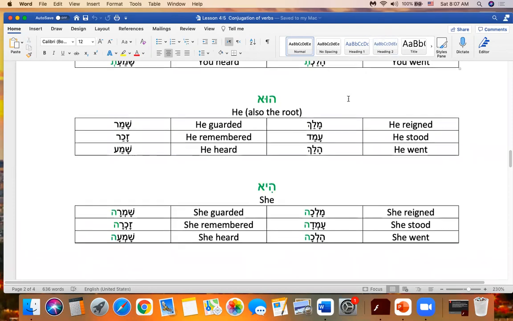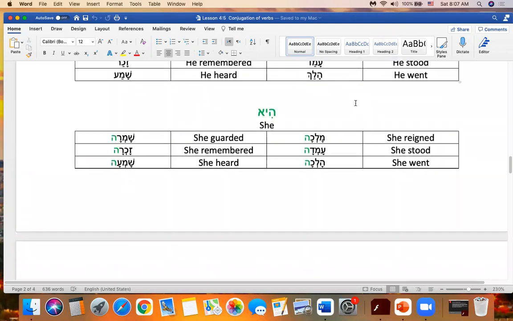So let's go to she. Now, she is the one that is the most different. Of course, we're women, we're different. So it takes a different set. You take the first two letters of the root as one syllable, and then you attach hey at the end.